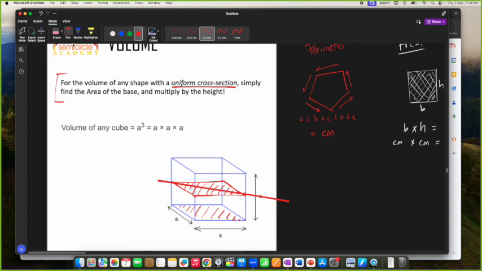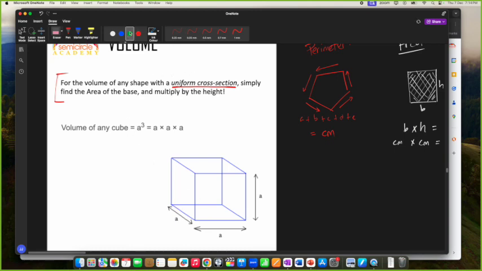No matter where I cut it, the cross section will always be the same as the base. Once you have that cut being the same as the base right through, that is a uniform cross section.